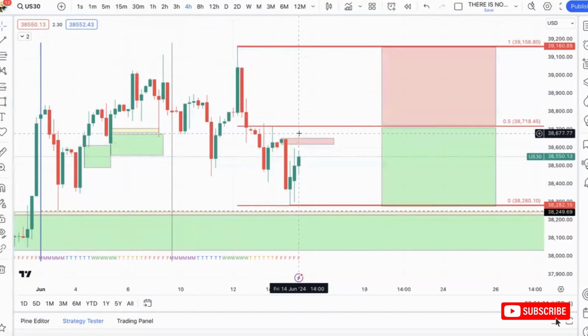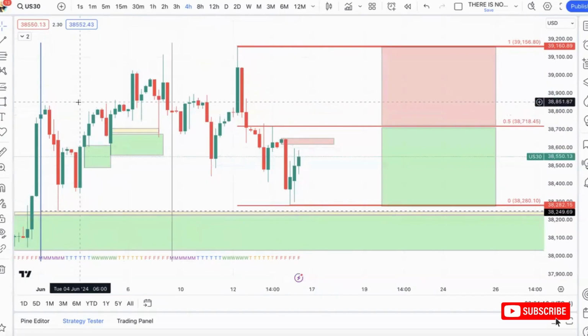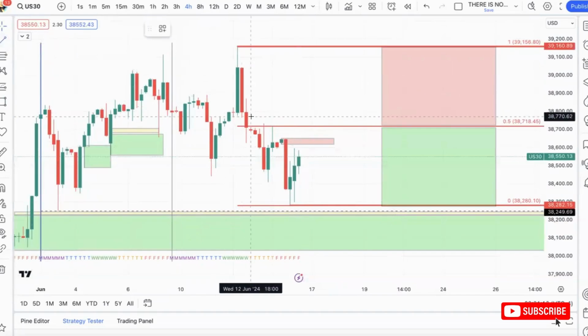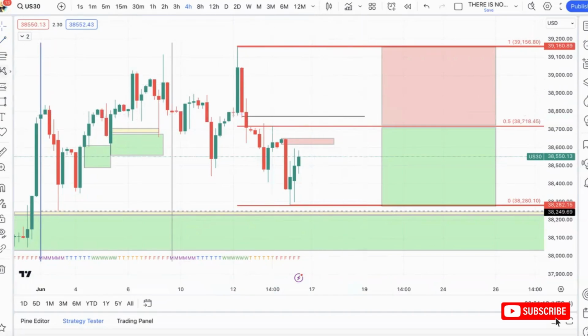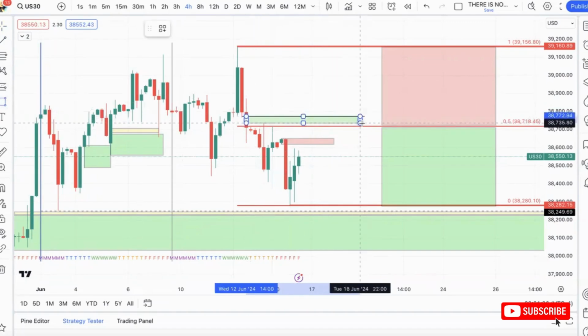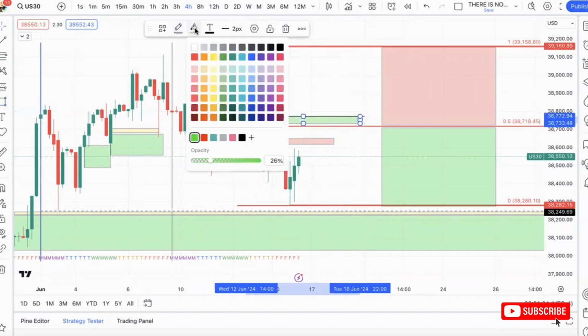Or are we going to come up and take out these highs and possibly tap into this area? It is not far from where it is currently, and I'm like, okay, are we gonna do that? I'm gonna watch out for it. This is the area that I'm looking at. It is in premium. It is above this area of imbalance. This is what we left behind, and we do have some highs there as well.